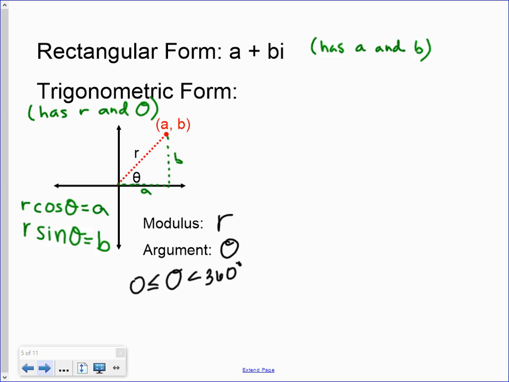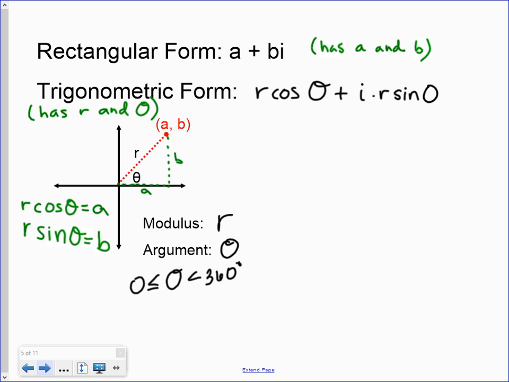In rectangular form, we have A plus BI. We can simply substitute. So instead of writing A, we'll write R cosine theta plus B times I, but B is really R sine theta.